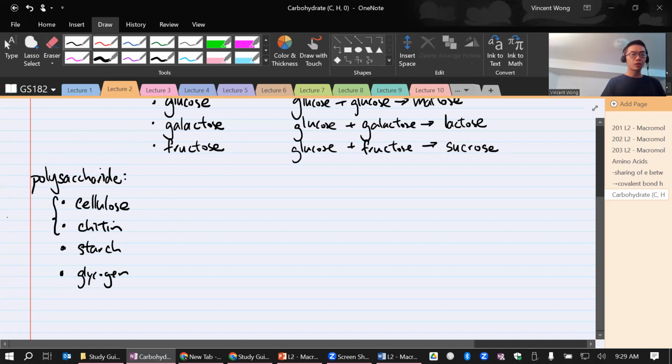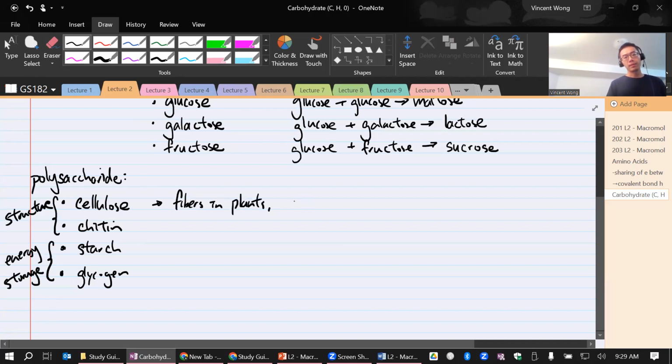So these are for structure, right? And these are for energy storage. Okay, so cellulose is fibers in plants, right? Cell wall of plant cells.